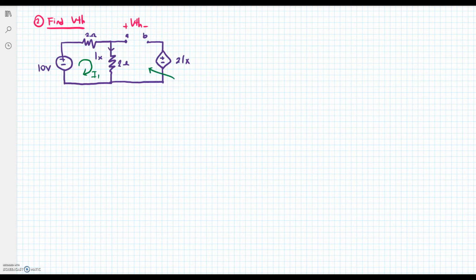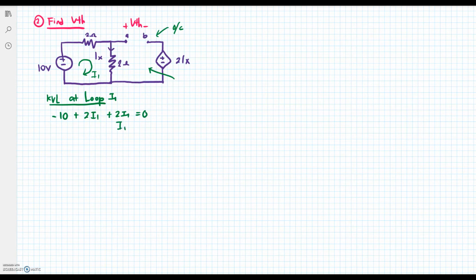There is no current flowing through this loop, because you can see that here is open circuit, so there is no current that flows through this loop. We're only considering the first loop, and then apply the KVL at the first loop, at loop I1: minus 10 plus 2 I1 plus 2 I1 is equal to 0.